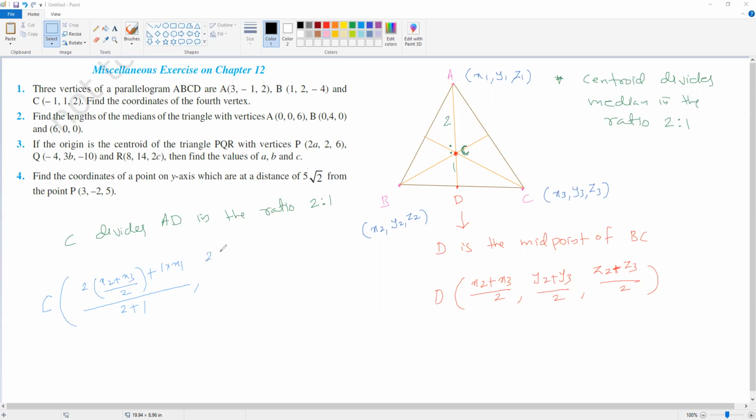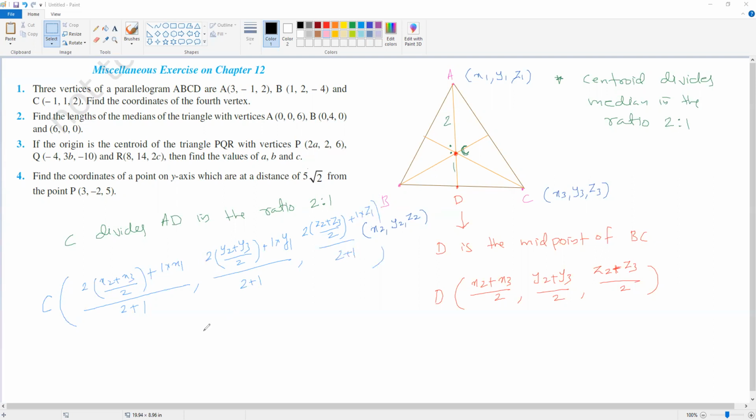Similarly 2 into y2 plus y3 divided by 2 plus 1 into y1, divided by 2 plus 1, and 2 into z2 plus z3 divided by 2 plus 1 into z1, the whole divided by 2 plus 1.